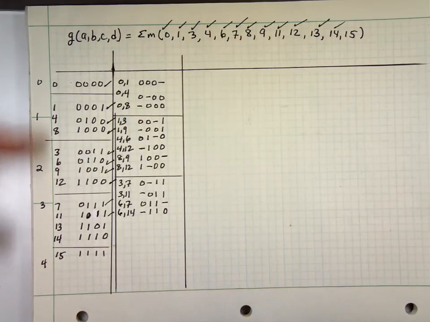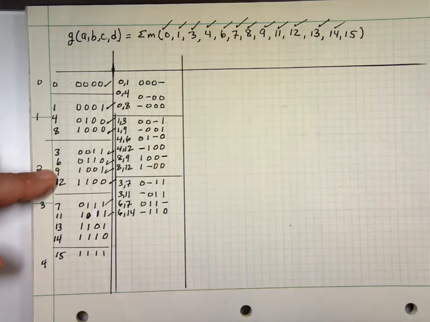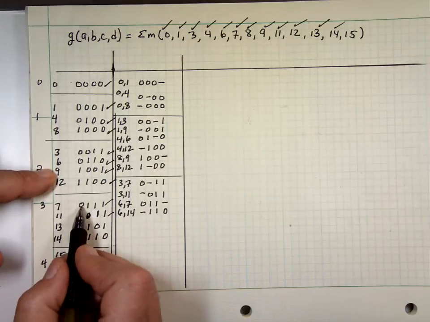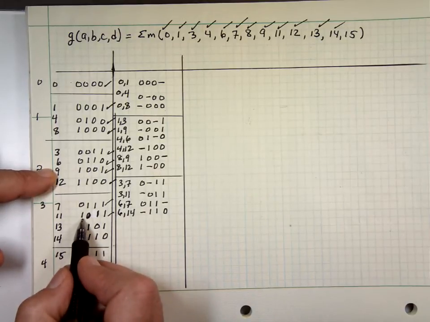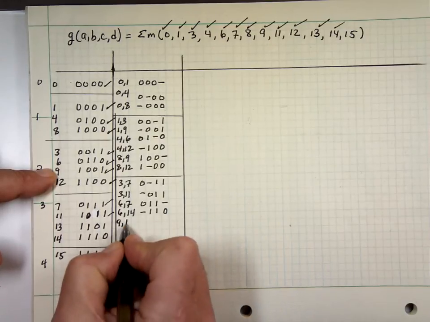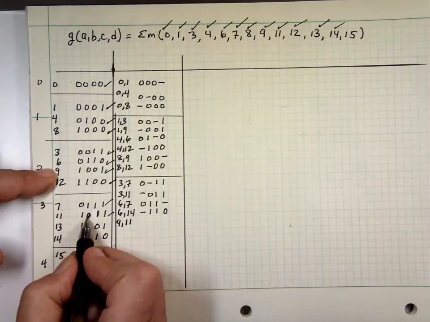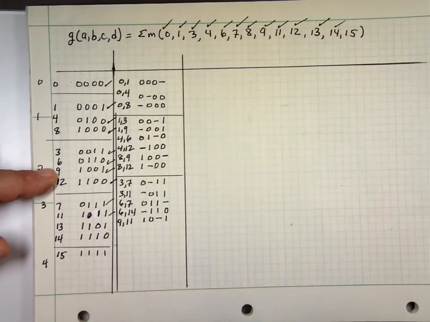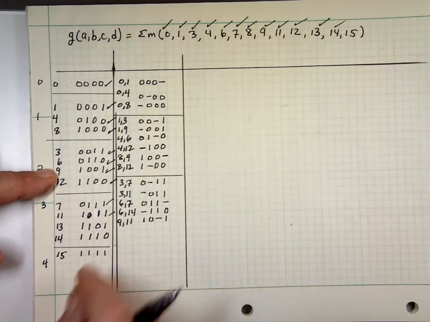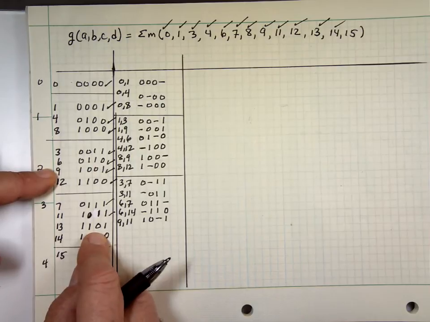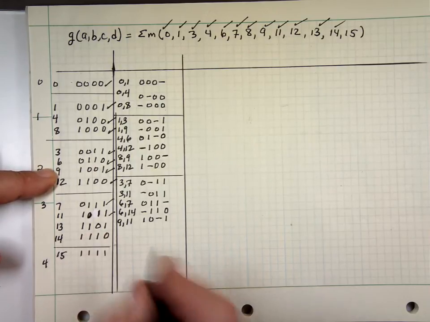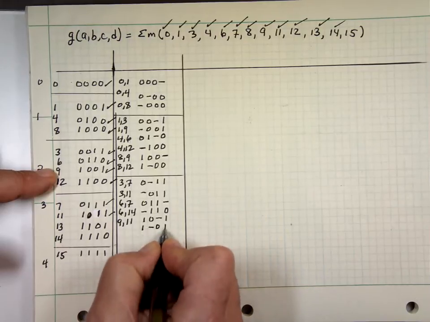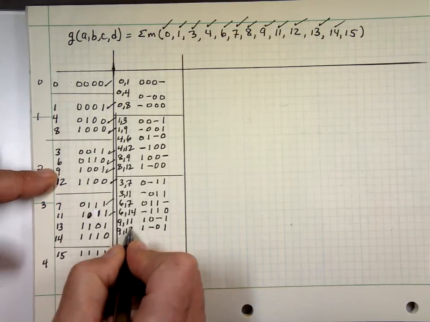Now the 9. 9 and 7. No. Nope. 9 and 11. Yes. It's 1, 0, dash 1. 9 and 13. 1, 0, 1. 9 and 14.